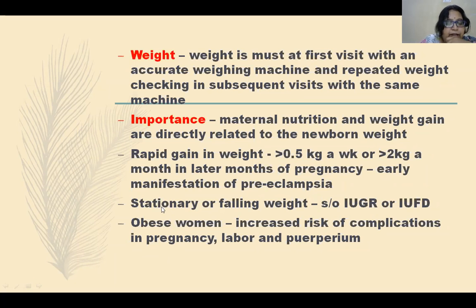And if the weight is stationary or falling, then you need to know about whether the baby is a growth retarded baby or whether any fetal death has occurred. In case of obese women, there is increased risk of complications both in pregnancy, labor, and also puerperium.